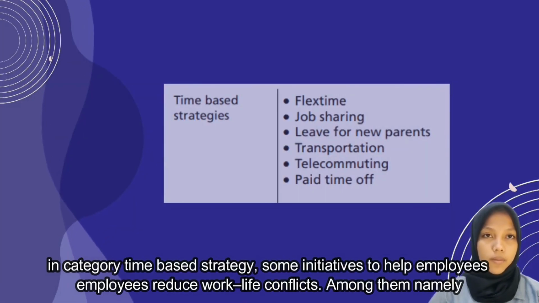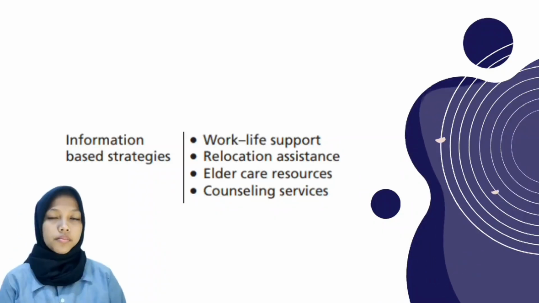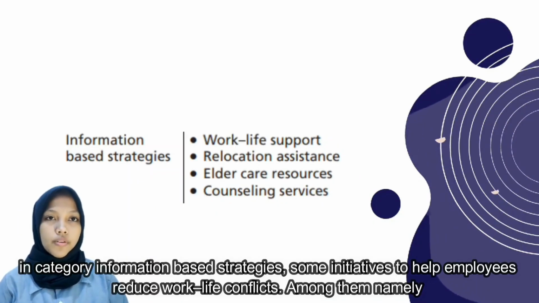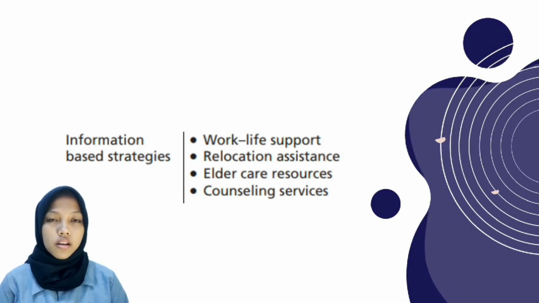First, in the category of time-based strategies, some initiatives to help employees reduce work-life conflicts are flex time, job sharing, leave for new parents, transportation, telecommuting, and paid time off. Second, in the category of information-based strategies, they are work-life supports, relocation assistance, elder care resources, and counseling services.